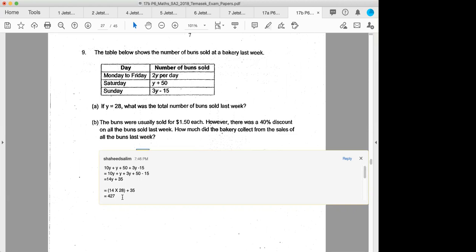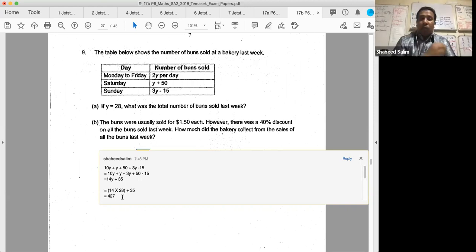So 427 times $1.50. Yes, but that is not discounted. After that, you must minus away the discount. Or you can find what the discount is. What is 40% of 150? Then you times the 427. Can also. Okay, up to you which method you want.